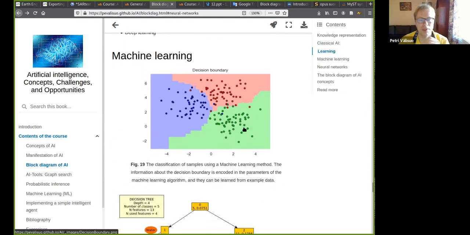For example, in this picture, we have two properties or two features in X and Y direction. And then we have different objects. Some of them are distributed in this right bottom corner based on these features. So this first feature here is pretty large for them, and the second feature is quite small.